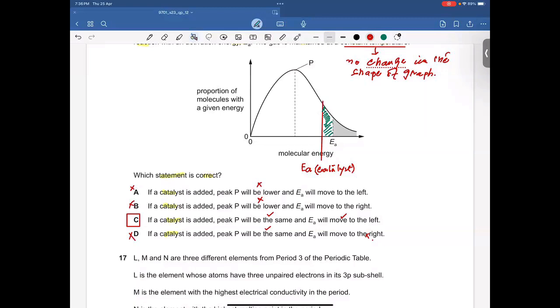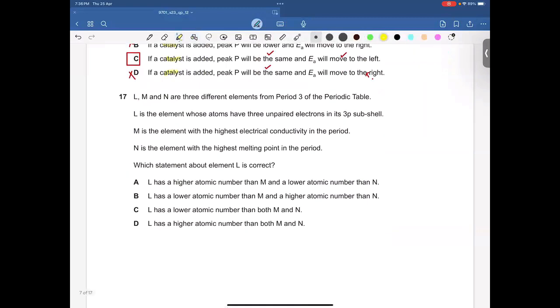Question number 17. L, M, and N are three different elements from period 3 of the periodic table. Period 3 elements start from sodium till argon. L is the element whose atom has 3 unpaired electrons in the 3p subshell.